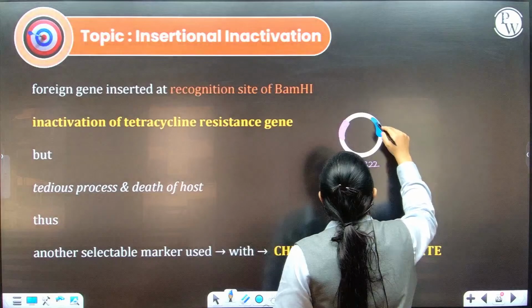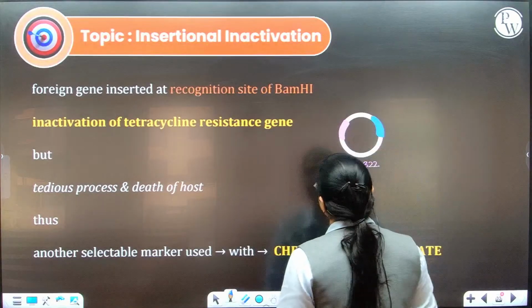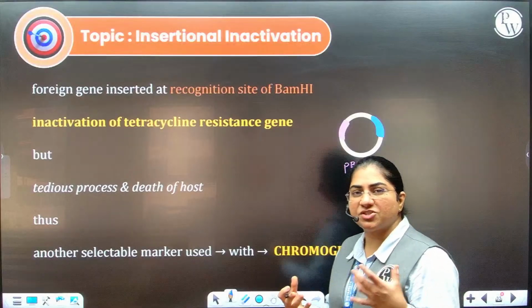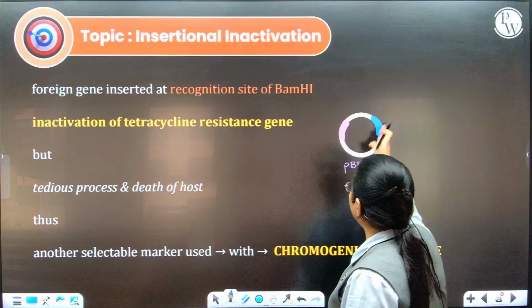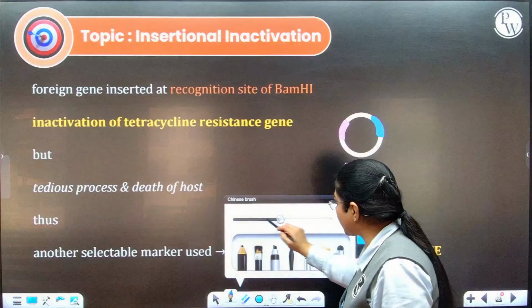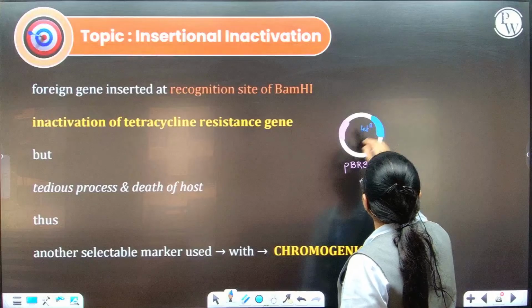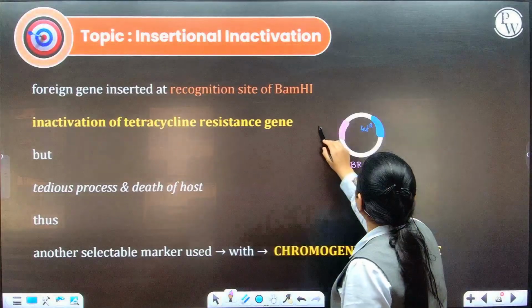This is our gene for tetracycline resistance. We are using the restriction endonuclease, which is BamHI. BamHI we know is in the region of tetracycline resistance. And this is ampicillin resistance.